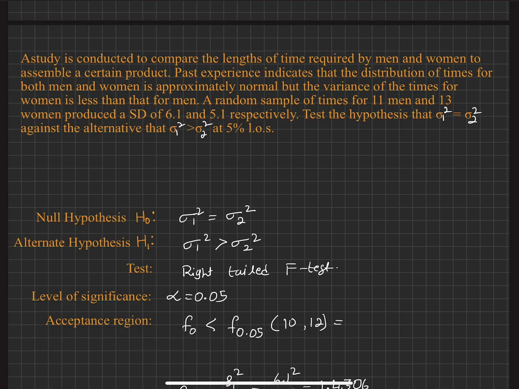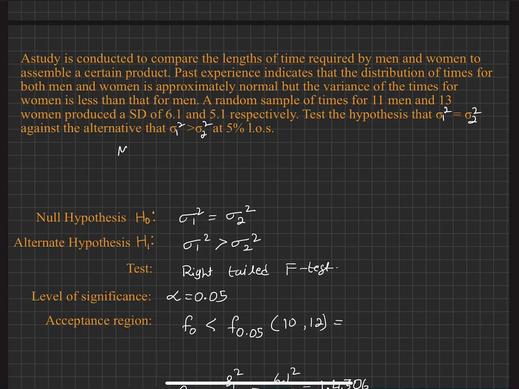A random sample of times for 11 men and 13 women produces a standard deviation of 6.1 and 5.1 respectively. Test the hypothesis that sigma 1 square is equal to sigma 2 square against the alternative sigma 1 square greater than sigma 2 square at 5% level of significance.